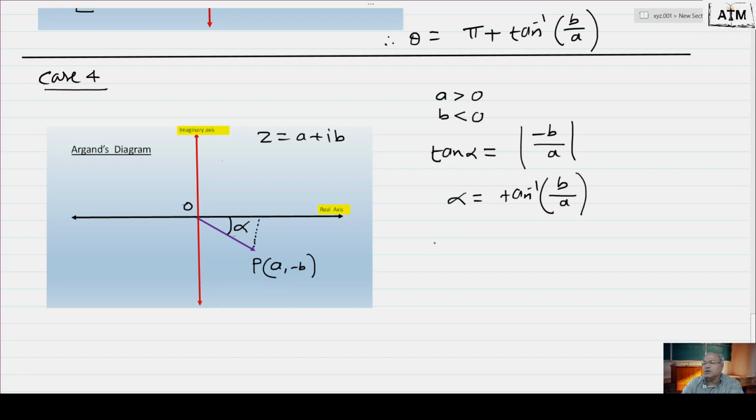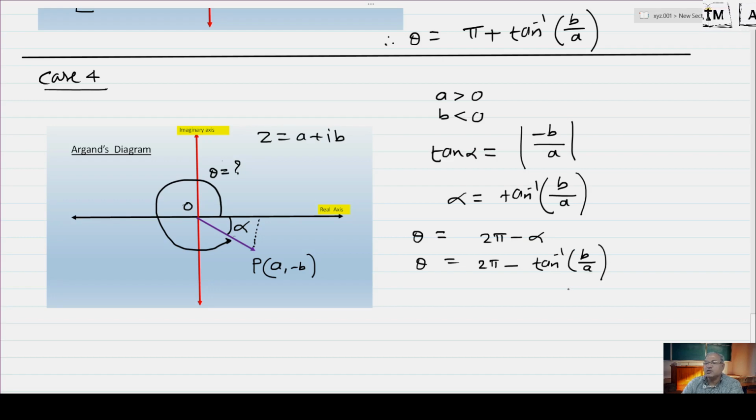This is the angle theta we require. Theta is nothing but 2 pi minus alpha, so theta equals 2 pi minus tan inverse of b upon a. By using this relationship, we can find the argument of a complex number lying in the fourth quadrant.